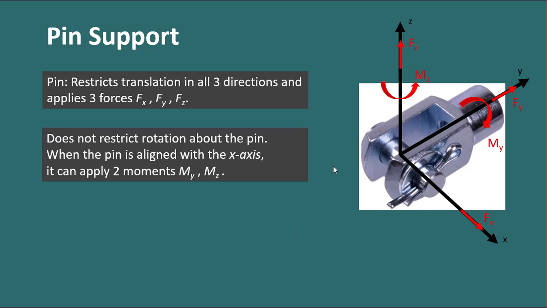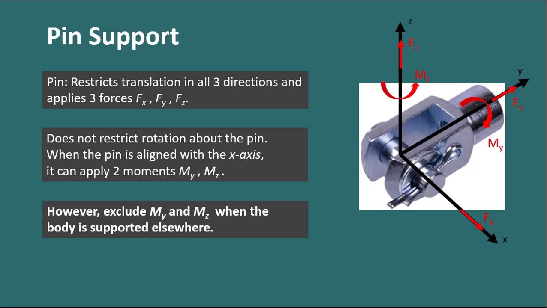It can apply two moments. However, we do not want our pins to support any moments because that may damage the pin. So when the body is supported elsewhere, you should not include My and Mz.